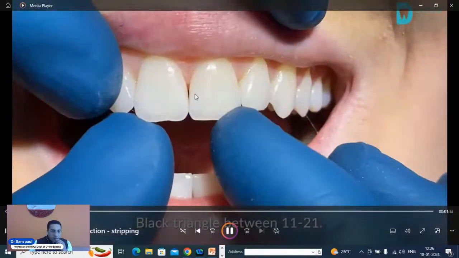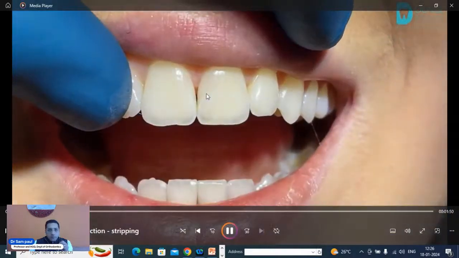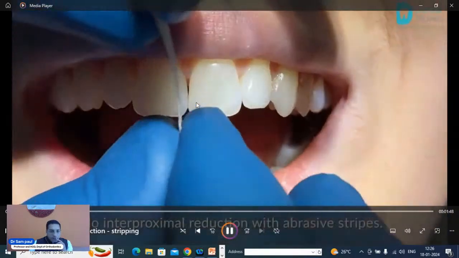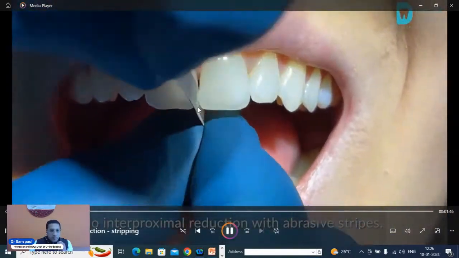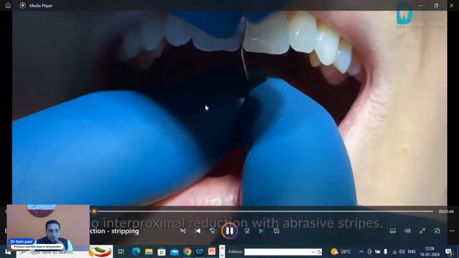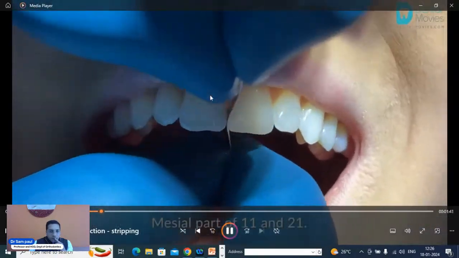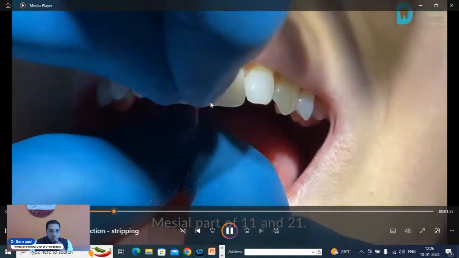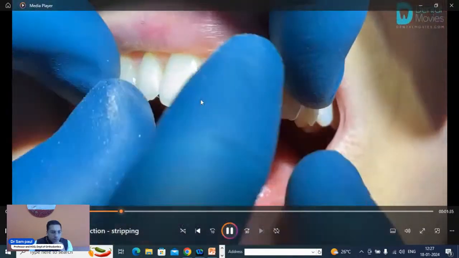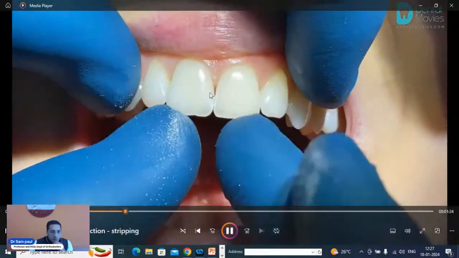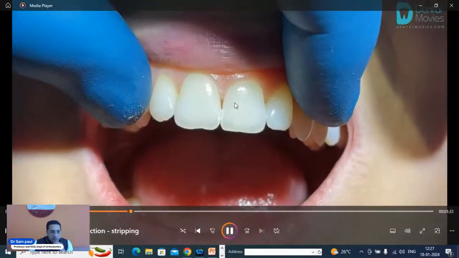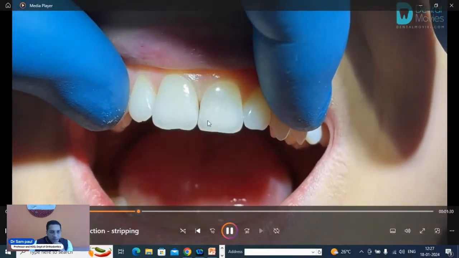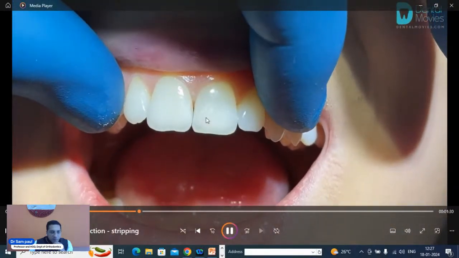In this particular clip, you are supposed to do interproximal reduction. Here they are using abrasive strips. This is how you do interproximal reduction. You need some space here between these teeth for the alignment.